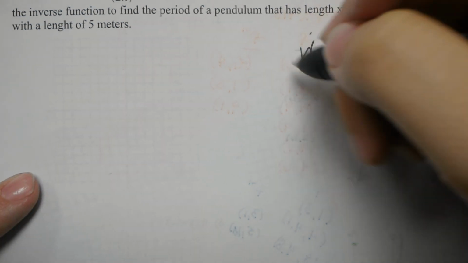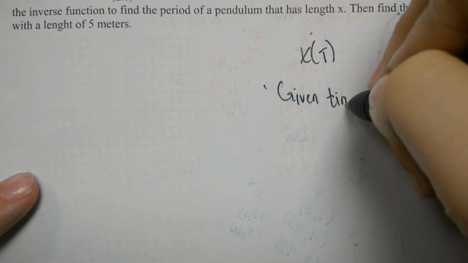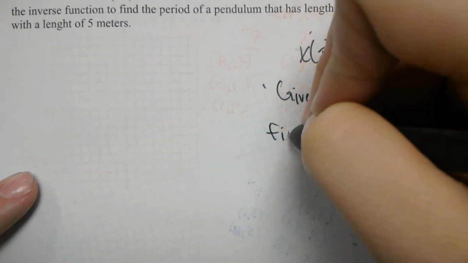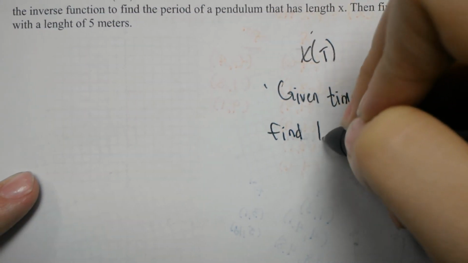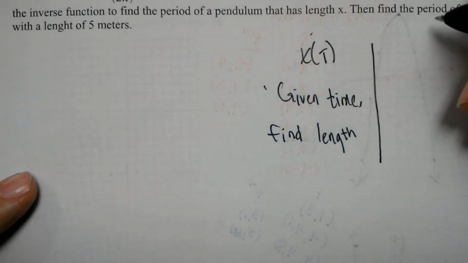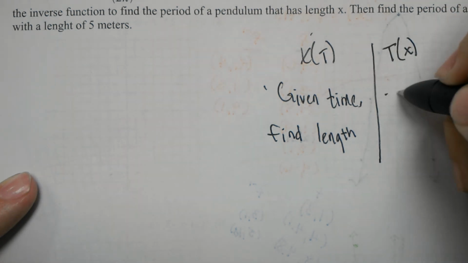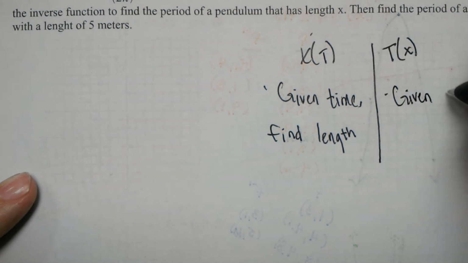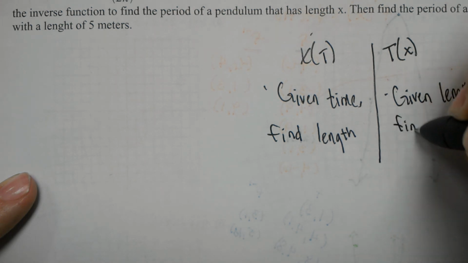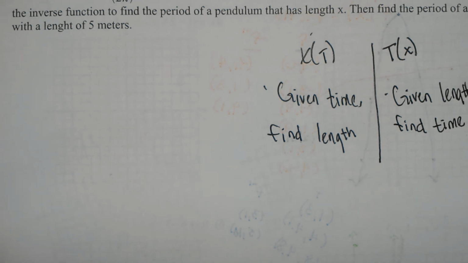So x of t, you're given time, and you're supposed to find length. So that's the original. The inverse is going to be t of x, where you're given length, and you're supposed to find the time, which is the period.